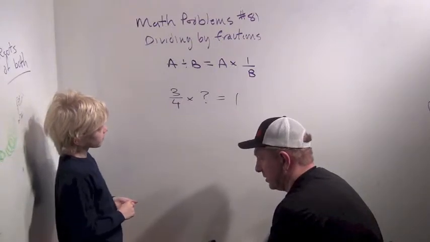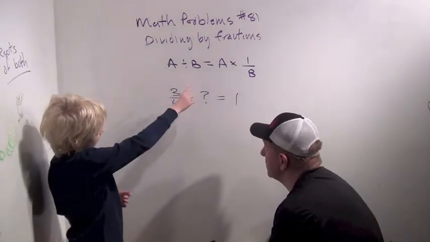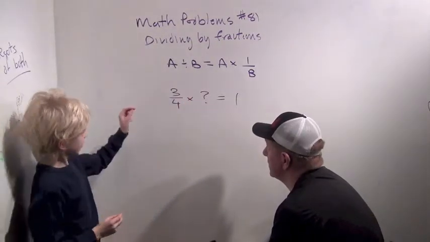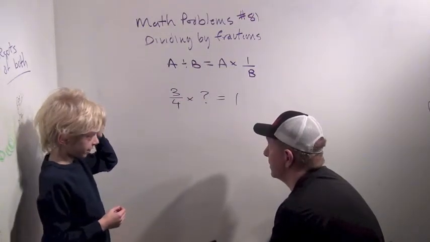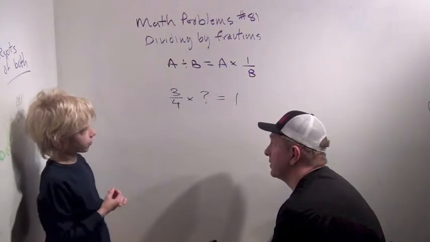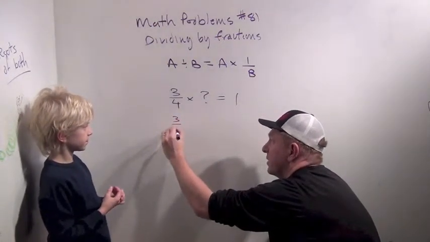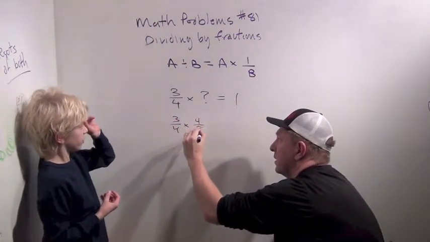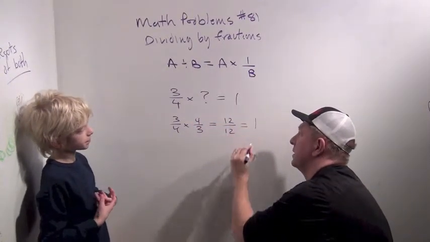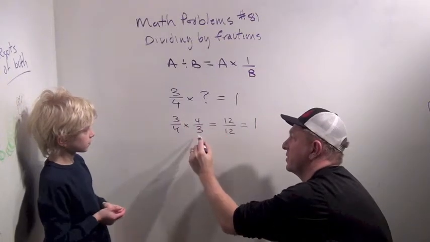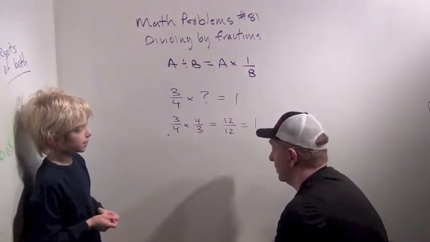Well, if we put the number backwards, then we'll get the same thing on the top and bottom because multiplication is commutative. So 4/3. 3/4 times 4/3 would equal 12/12, which would equal 1. 3 times 4 is 12 and 4 times 3 is 12. And that equals 1.